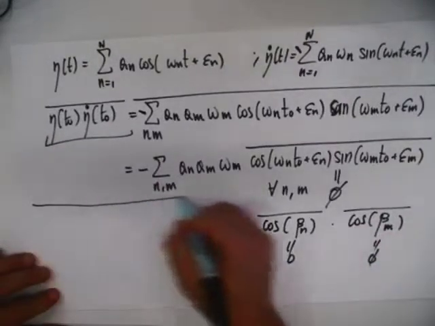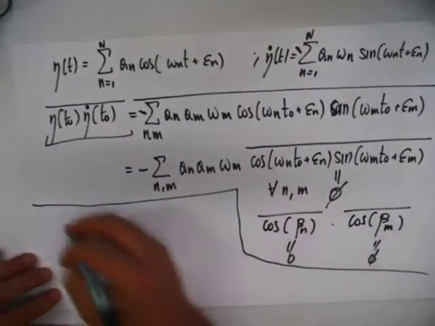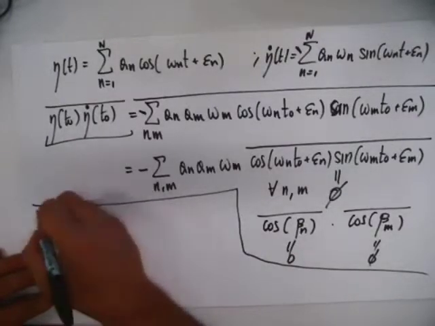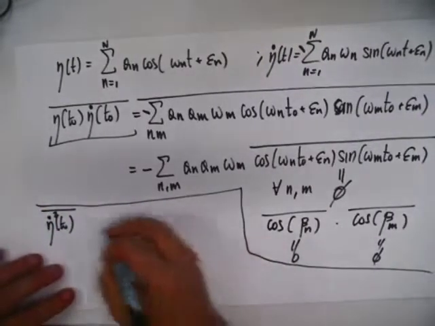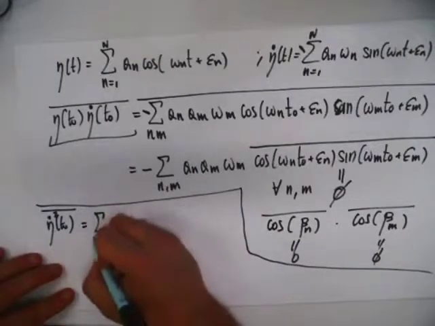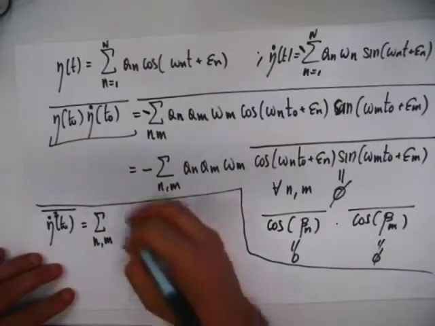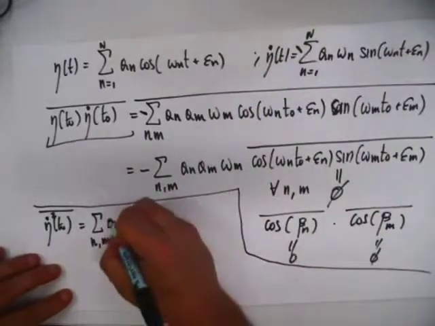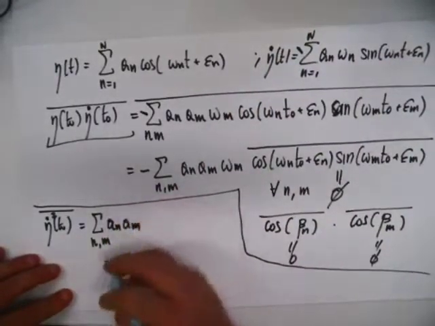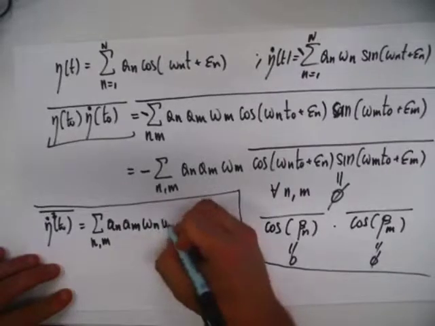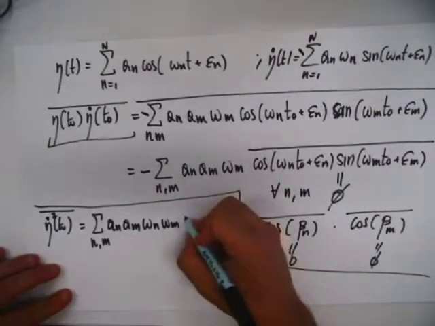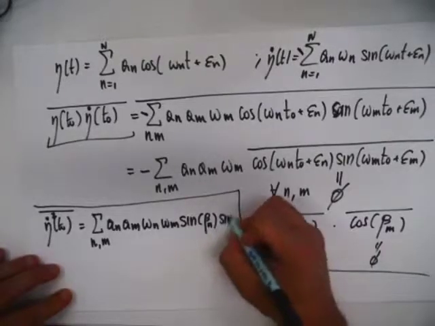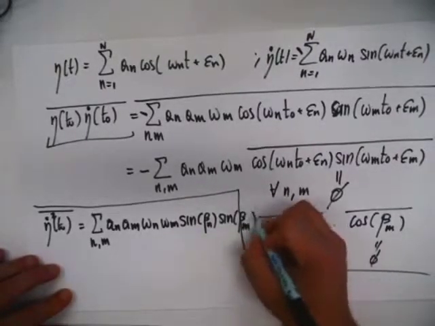Then if we want to do the same for the average of eta dot squared, it is the same stuff: the double sum over n and m of the square of this term, so minus and minus gives plus a_n a_m omega_n omega_m, sine of beta_n sine of beta_m.